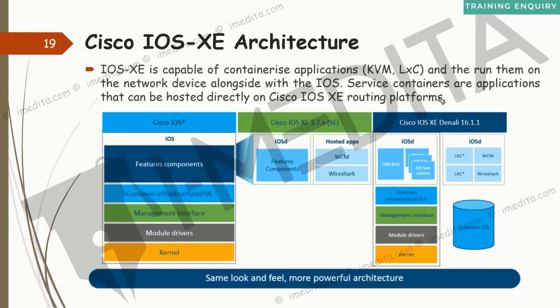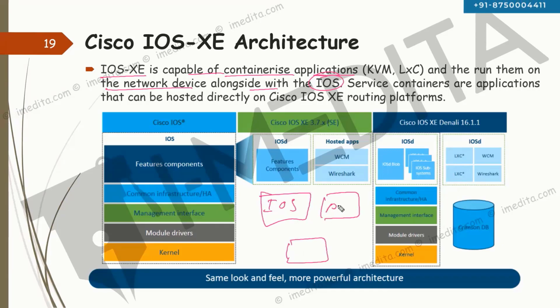This container could be LXC, Linux container, or KVM, kernel virtual machine, any kind of container. IOS XE is capable of running containerized applications on the network device alongside the IOS. IOS XE allows us to run the IOS as well as certain applications on the same box itself. We do not need to purchase a dedicated box for the same.